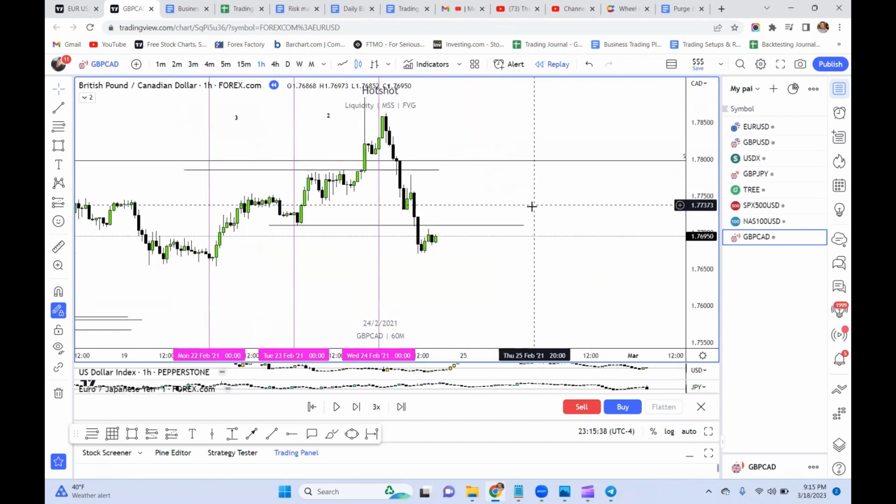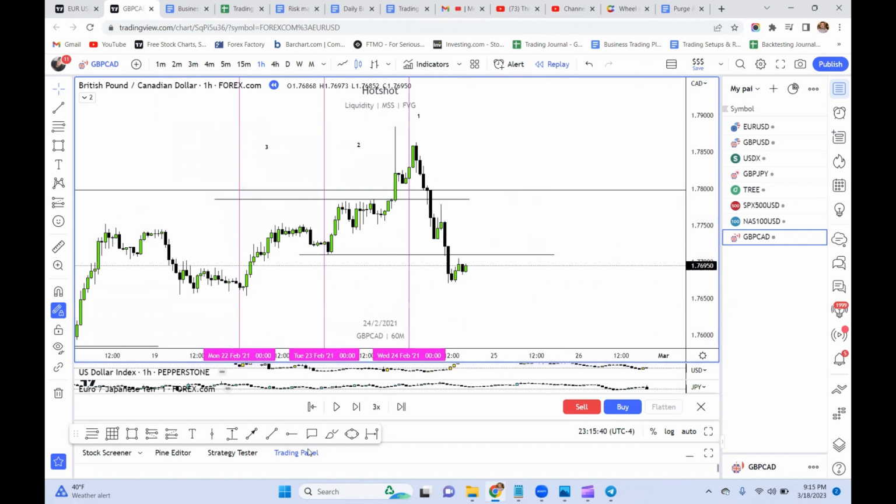So the market structure break would come in right here. Technically, more up here, honestly. Let's say that we're referencing it back this way though. Okay, let's say that this is a market structure breakdown here. Okay, so now a market structure broke.